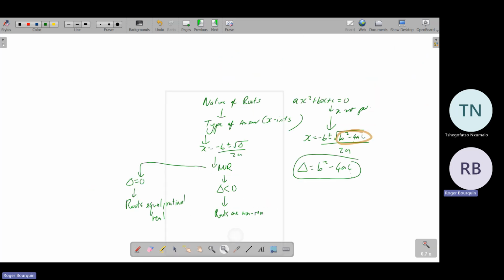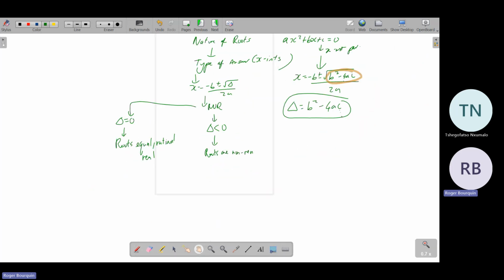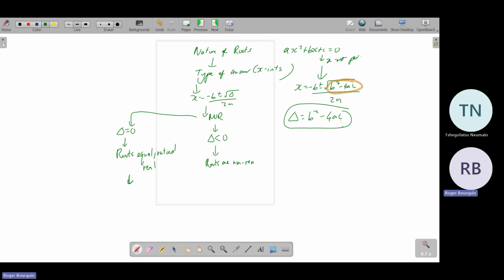In terms of graphs, what does equal roots look like with a parabola? It means there's one x-intercept. And what's the only way you can have one x-intercept? If it turns on the x-axis, right? If delta is less than 0, there are no x-intercepts.